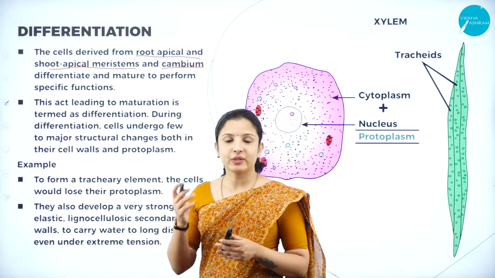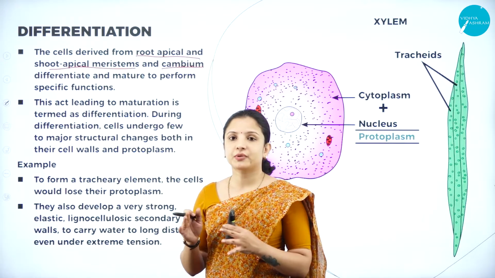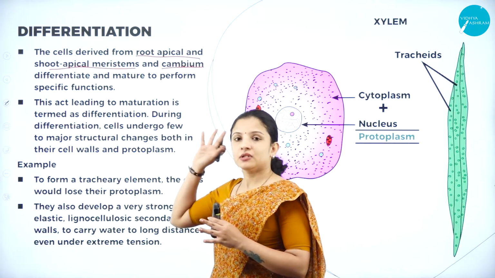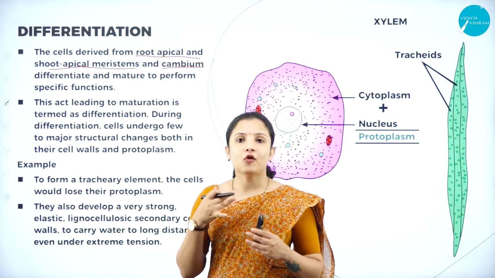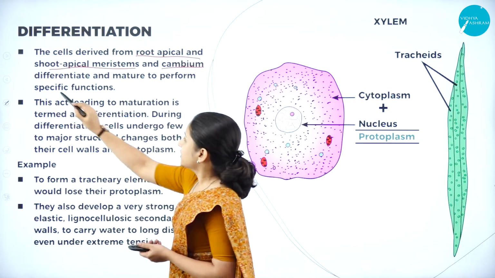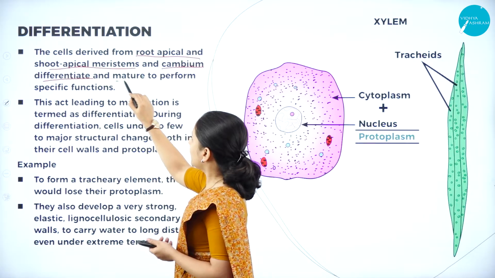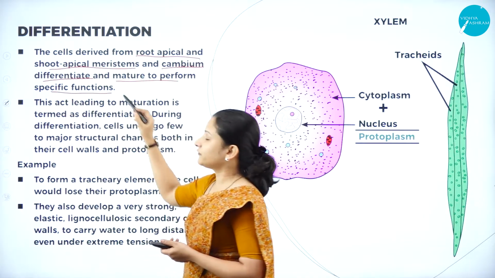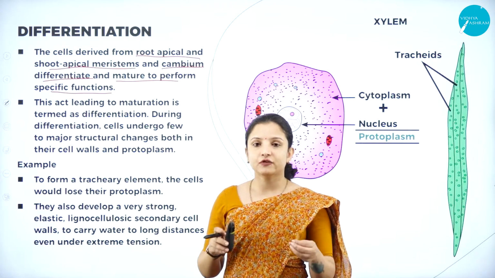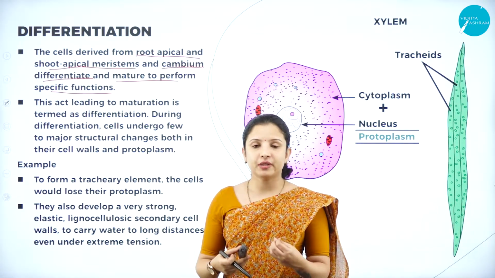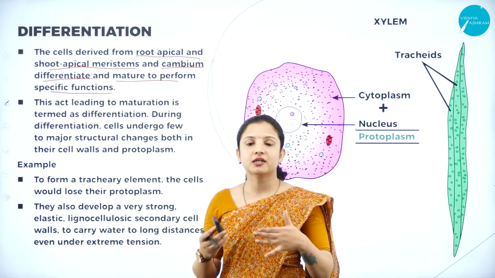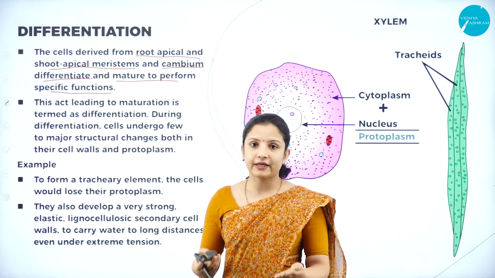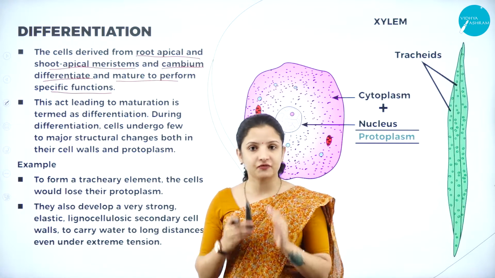The cells which are present in the SAM, the RAM and the cambium, those which have divided and formed new cells, actually differentiate and mature to perform specific functions. Say for example, the cells that have divided in the lateral meristem might differentiate into a different kind of cell to perform a specific activity.